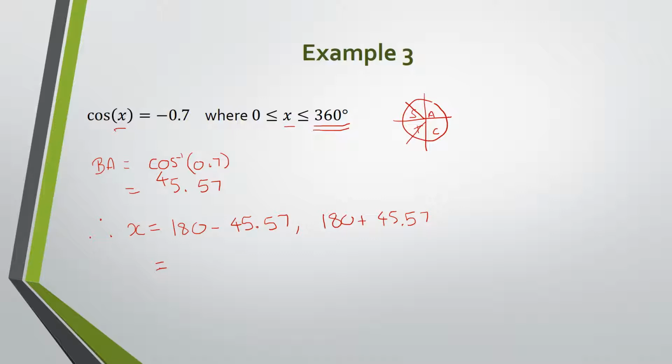So if you're using your calculator to do this, we would get the first value, 180 minus 45.57 is going to give us 134.43, and our second value would give us 225.43.